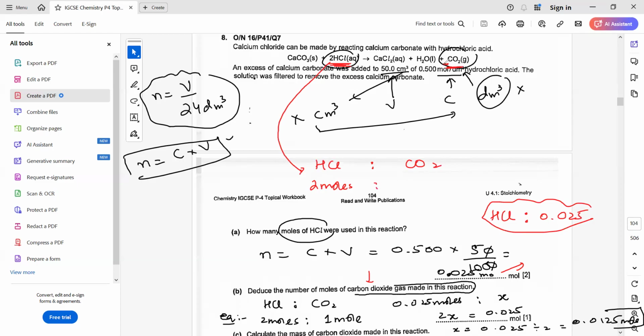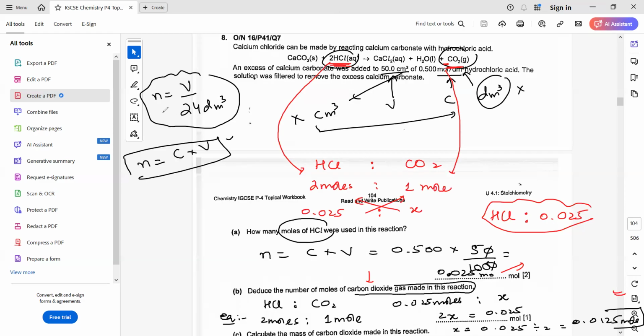And here I don't see anything, so I'm writing 1 mole. How many moles of HCl did we just figure out in part A? That was 0.025. I assumed this to be x moles. Then I cross multiplied, solved it, and got my answer. Is this now clear? What about you, Anmol? Yes, sir. Is this understood now?